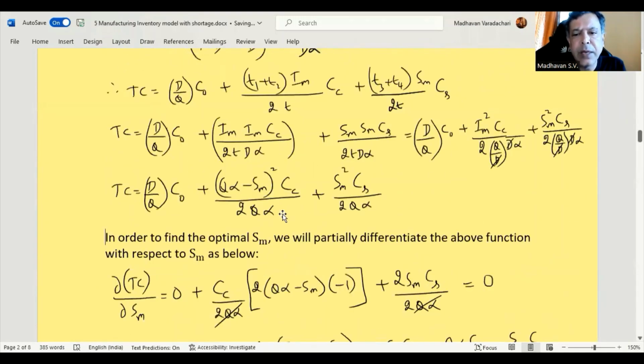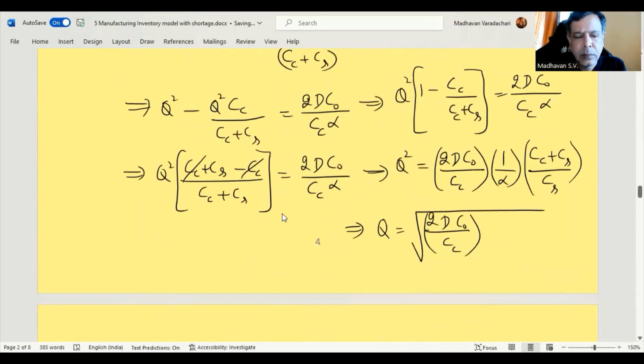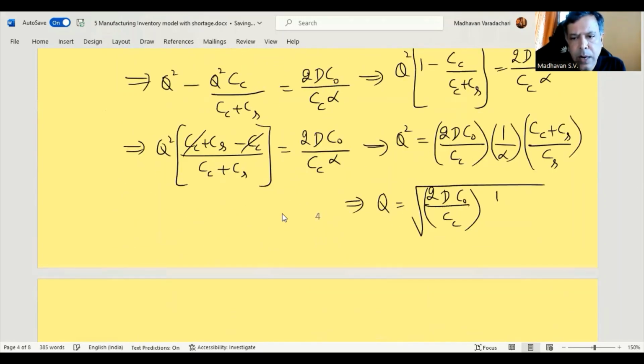So we will substitute that now. One divided by 1 minus d by k times Cc plus Cs by Cs. So that is your economic batch quantity, or we can call it as Q star.